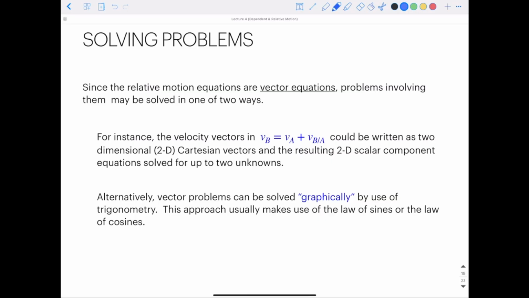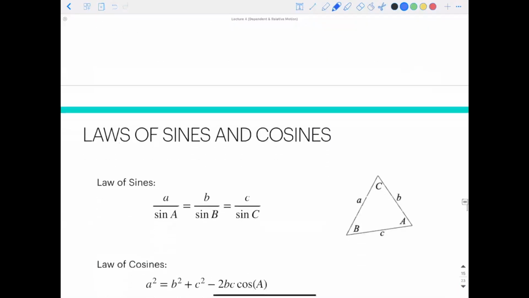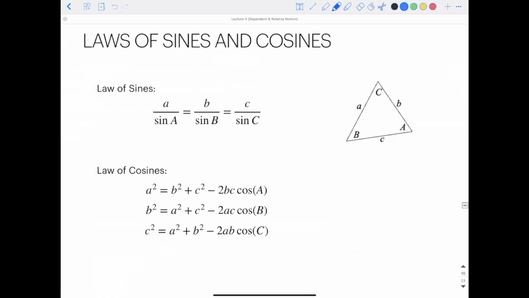If you choose to solve things graphically, I've just summarized the law of sines and law of cosines here for a triangle with side lengths lowercase a, b, c and interior angles capital A, B, C. This is just our sine law and cosine law. So you can use these to solve problems if you choose.